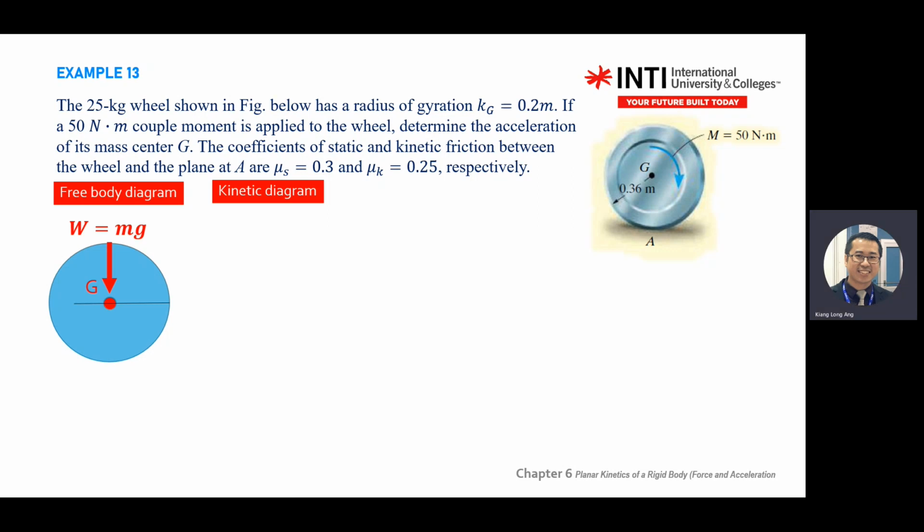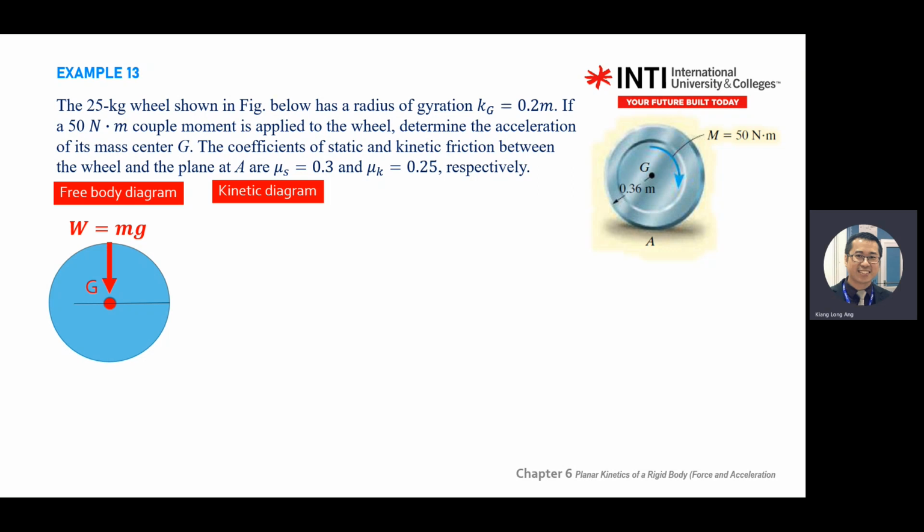I just need to highlight, after chapter 6, all your free body diagrams must be drawn according to the center of mass. So previously, chapter 1 until chapter 5, if you put an object in your free body diagram and draw your W like this, you are still correct.